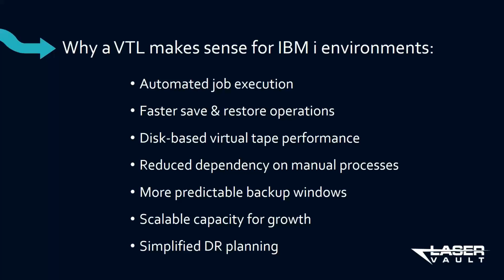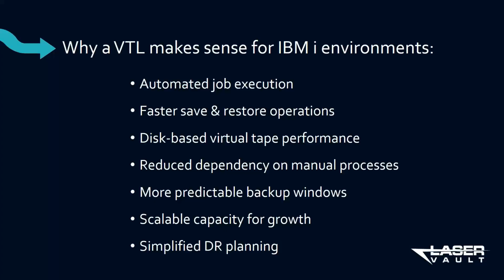You're going to have more predictable backup windows by shortening your backup window with the speed of going disk to disk. Scalable capacity for growth, meaning that you can grow the system to as large a backup environment as you need, if you'd like to increase the number of backups that you're retaining and also increase the amount of data that you're backing up.